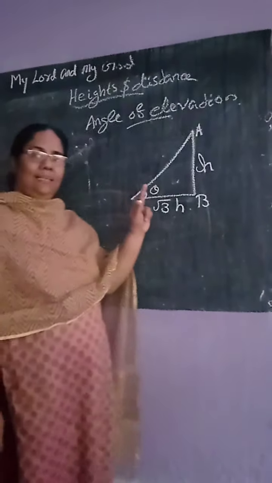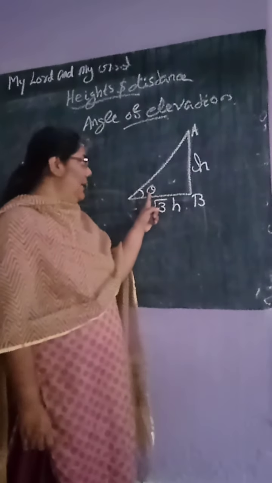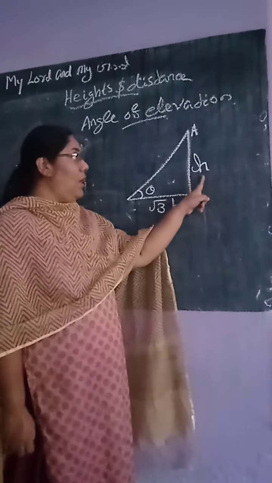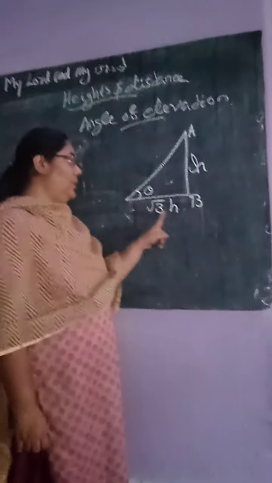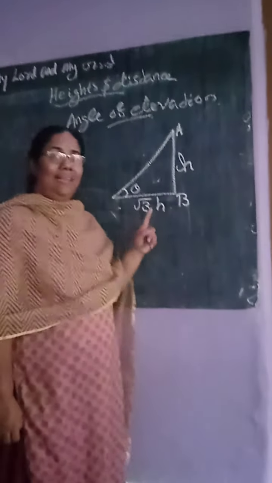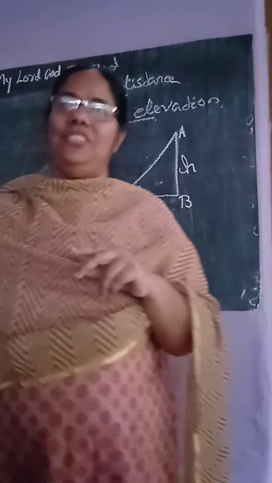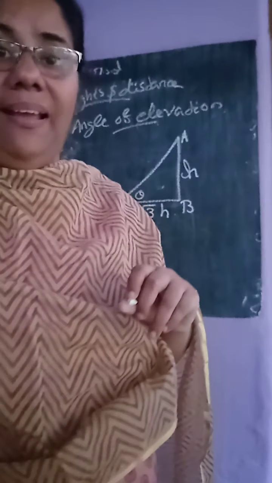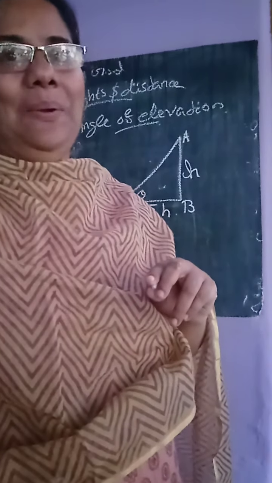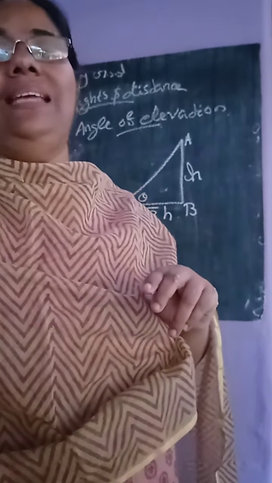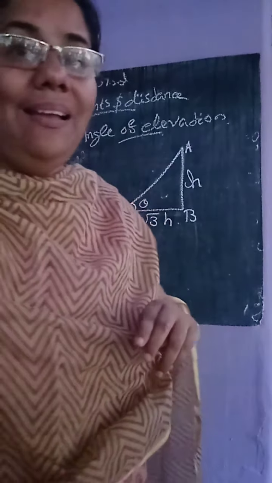Then listen. Theta is the angle, h is the opposite side and √3h is the adjacent side. Can you say what is the relation connecting opposite side and adjacent side? Opposite side by adjacent side is tan theta.